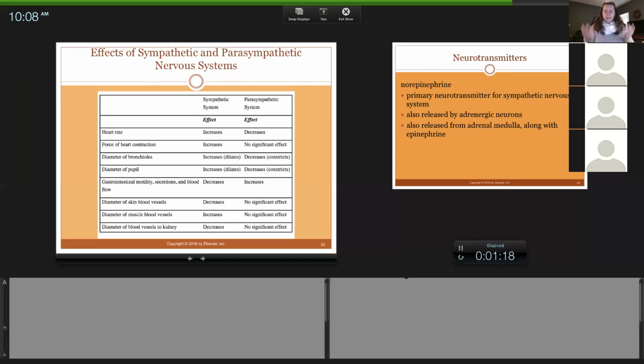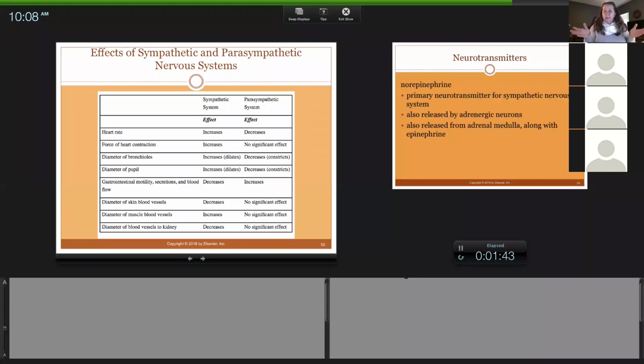If it creates a sympathetic stimulation, you're ready to fight. The first thing it does is your heart rate typically increases. So if I ask you which division of the nervous system increases your heart rate, you would tell me the sympathetic nervous system.